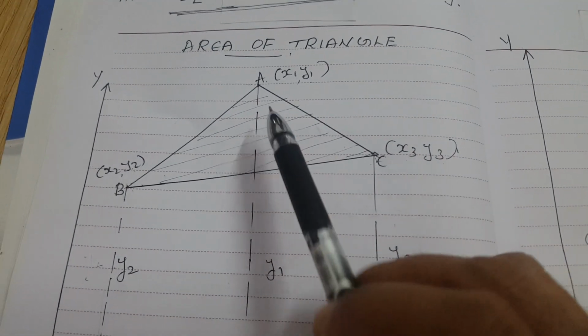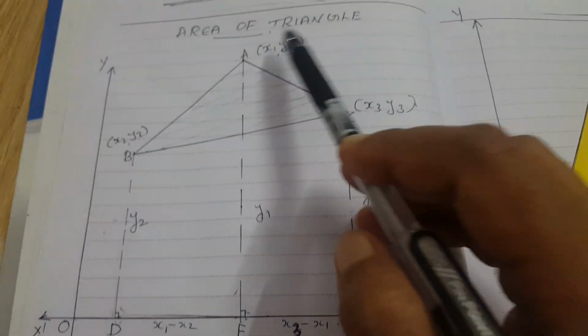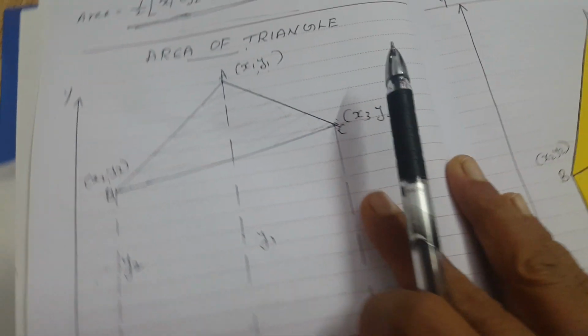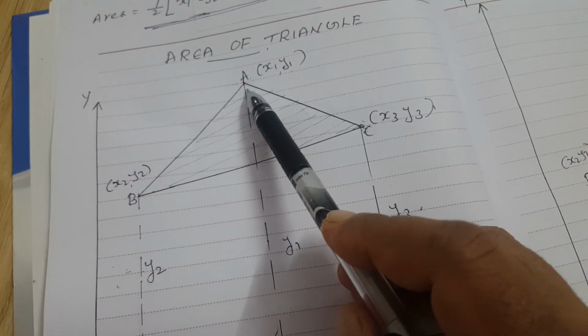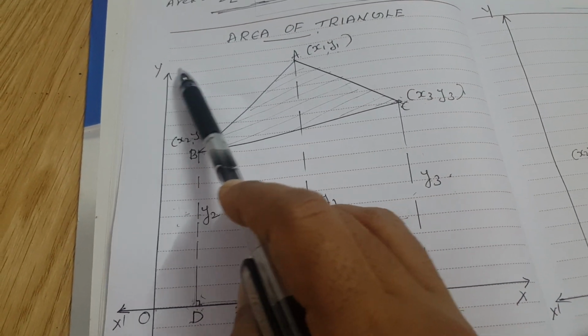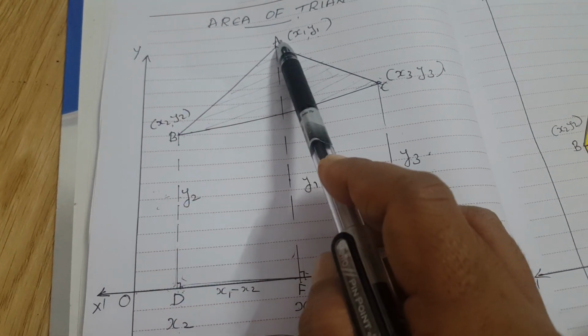I have drawn the triangle in the first quadrant. This triangle ABC is drawn in the first quadrant. And here the coordinates of A are (x1, y1). So the length along the x-axis, this length, is x1.